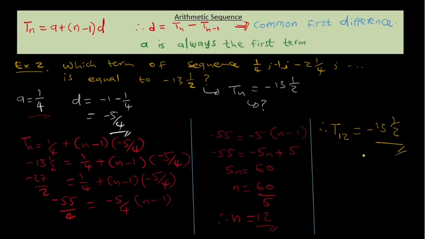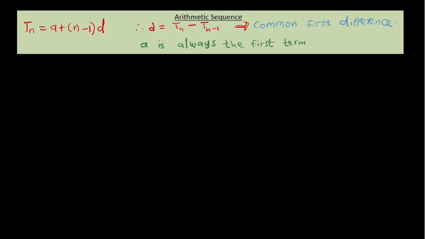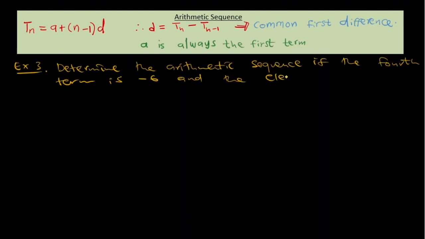Let's move to the next one. Example number 3. Determine the arithmetic sequence if the 4th term is minus 6 and the 11th term is minus 34. Right. What do we know? We know that the 4th term, meaning T4, is minus 6.